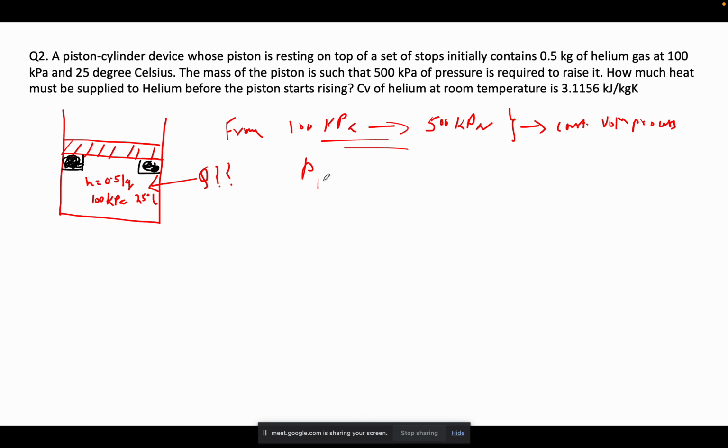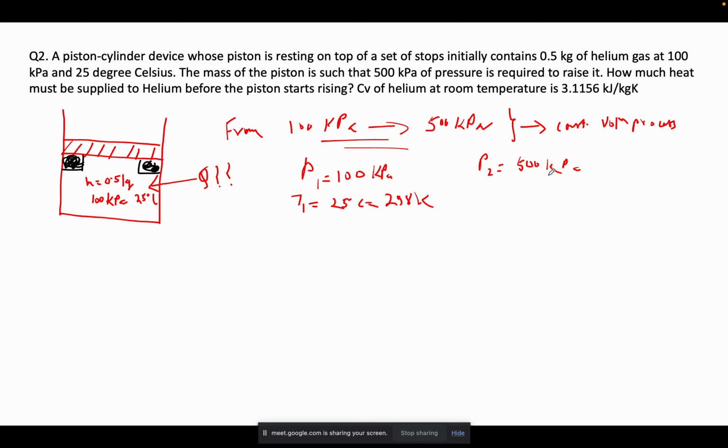So let us start. P1 is equal to 100 kilopascal, and T1 is 25 degrees Celsius, which I will convert. Then it will basically become 298 Kelvin, I think. Let me check, 25 plus 273. Yes, 298 Kelvin. And your P2 is 500 kilopascal.